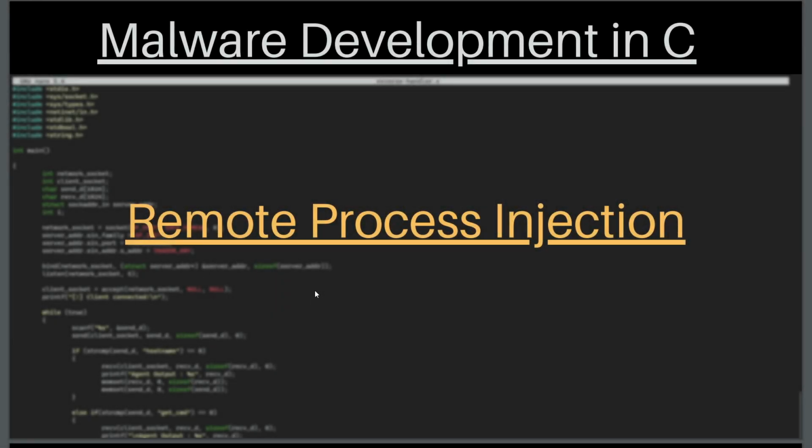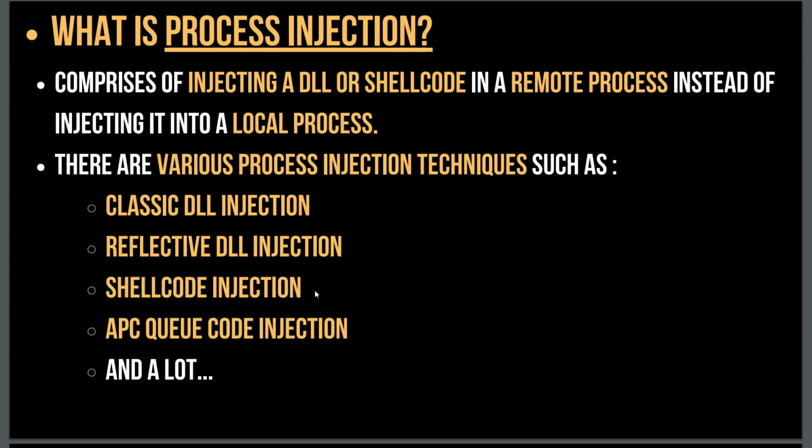Alright, so what exactly is process injection? Process injection is basically a technique which comprises injecting a DLL or shellcode in a remote process instead of injecting it into a local process. If you have seen my previous video on the malware development series, which was executing shellcode using Windows API, you might have noticed that we are loading the shellcode within the process.